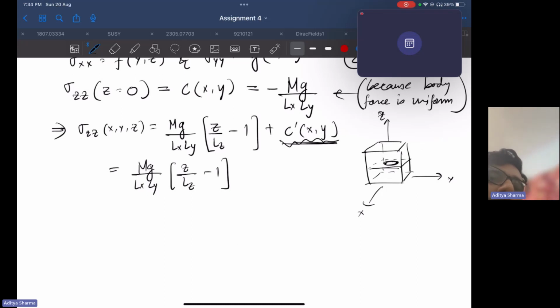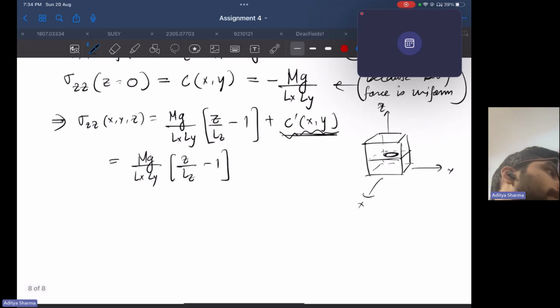That means the stress only depends on where the plane is located on the z-axis, not on x or y. That is why this is 0. So yeah, now we will calculate. We got sigma zz.